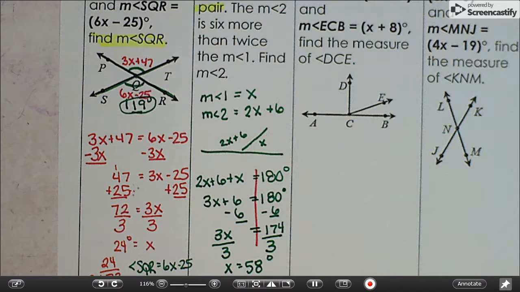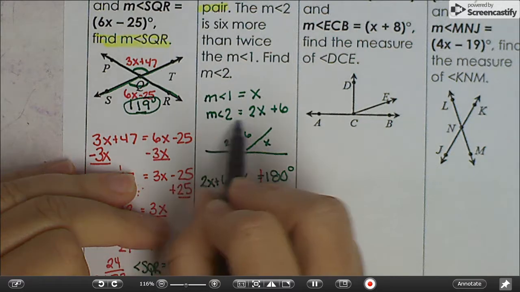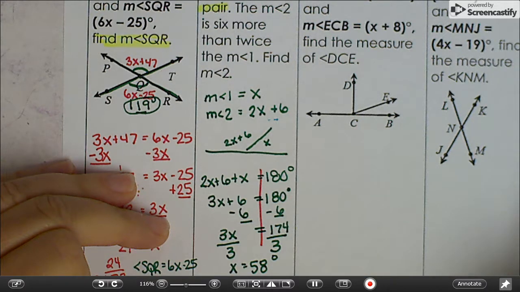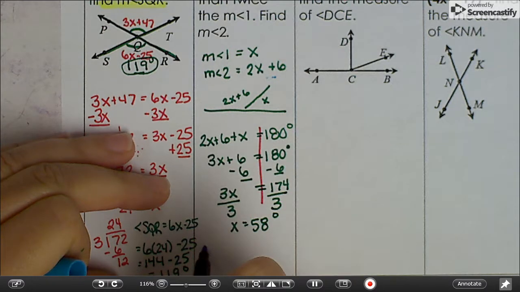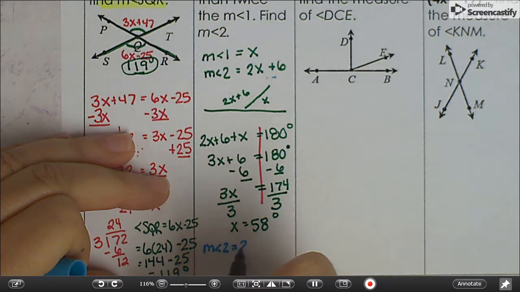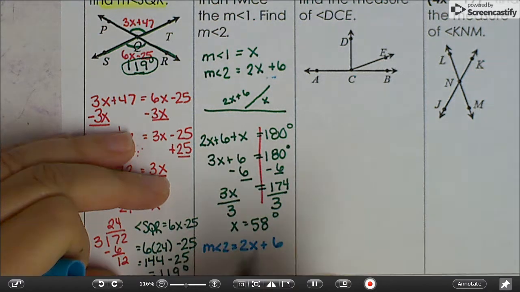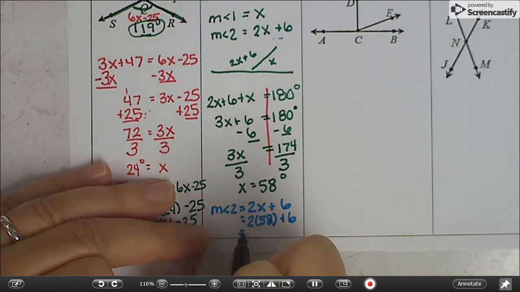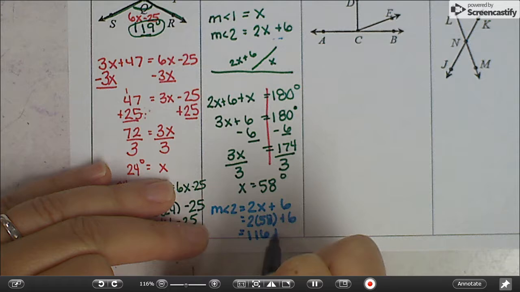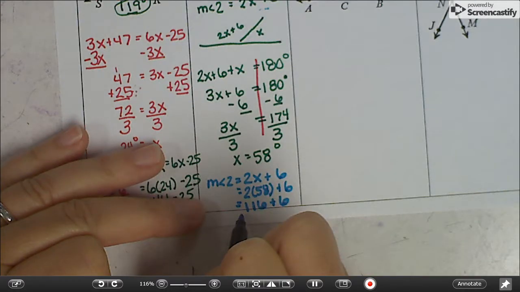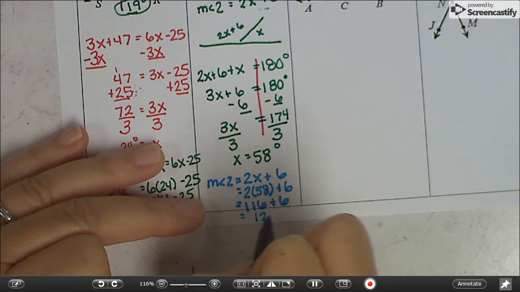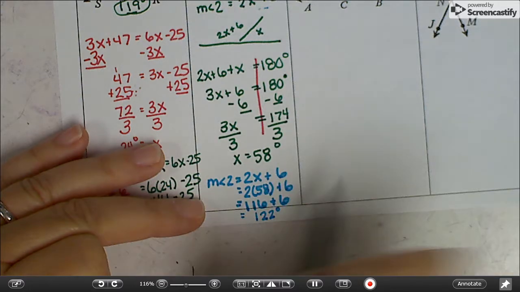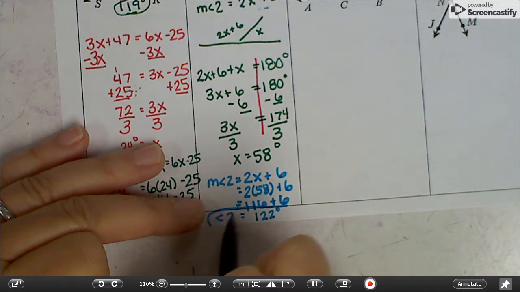And we want to find the measure of angle 2. Up here you see that angle 2 is 2x plus 6. So the measure of angle 2, 2x plus 6. So we have to substitute 2 times 58 plus 6. That would be 116 plus 6, which would be 122 degrees for angle 2.